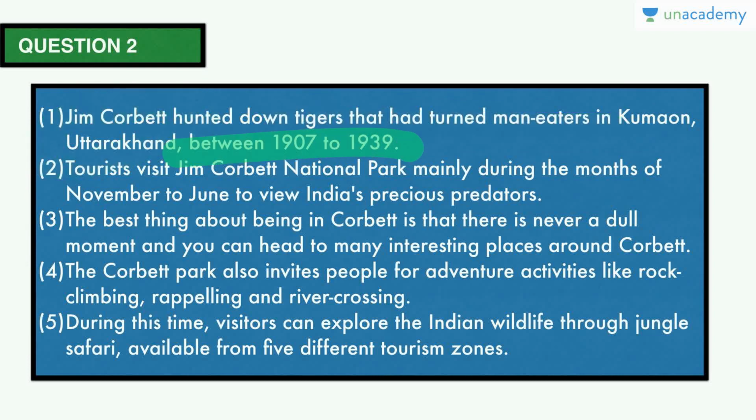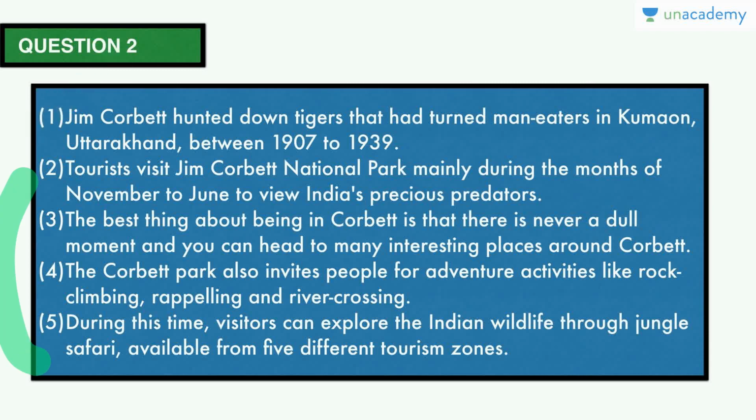So this sentence would probably come if, suppose, this was an essay, somewhere where you're talking about the naming of the park after Jim Corbett. Why was it named after Jim Corbett, the person? What were his achievements? That he hunted tigers which turned into man-eaters for this long.